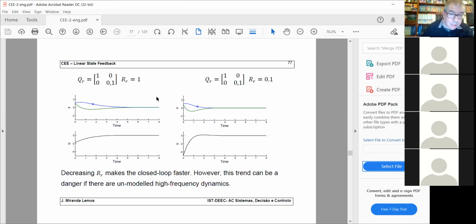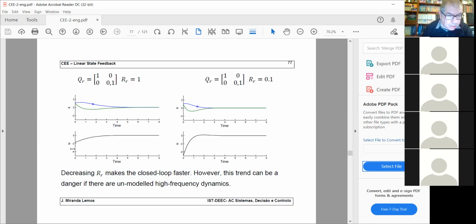Now, suppose that I keep the Q matrix constant and I change the R matrix. So here the R matrix is 1 and here the R matrix is 0.1. So when I reduce the R matrix, what happens is that I allow the U to be much bigger.